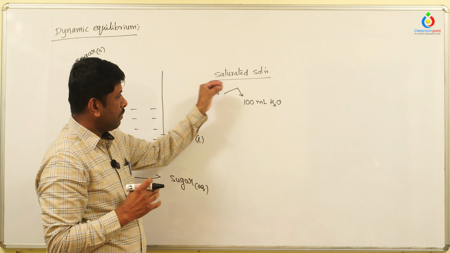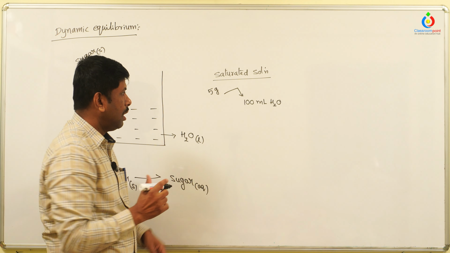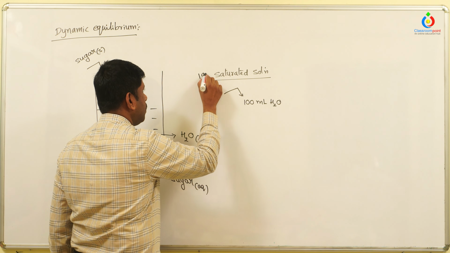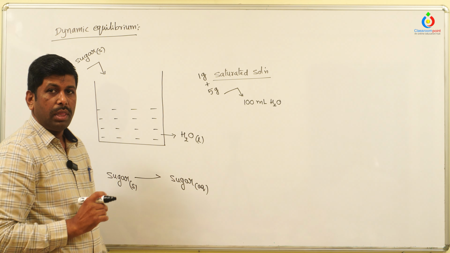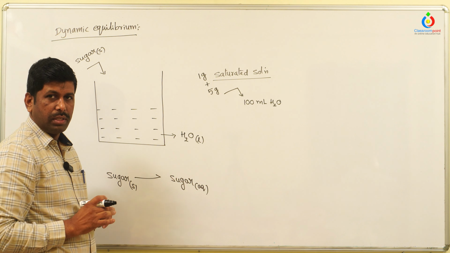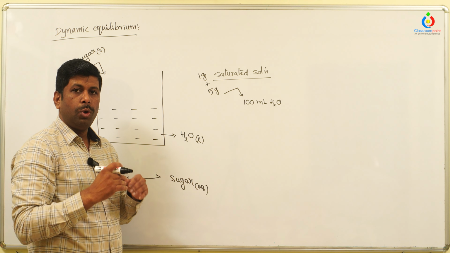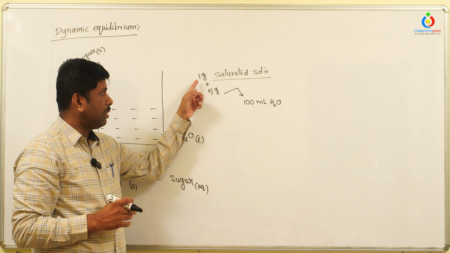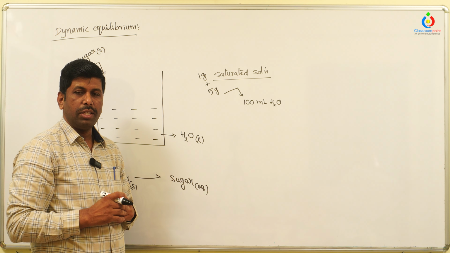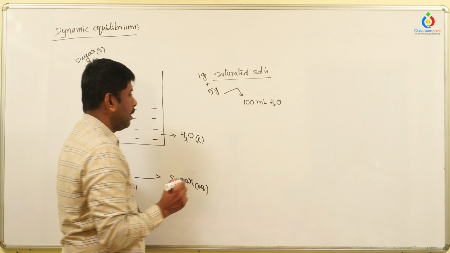So when you add 5 grams of sugar to the 100 ml of water, it completely dissolves. After the 5 grams, if you add any extra sugar, that will not dissolve, that will be precipitated at the bottom of the flask. Such solutions where no more extra solute can be dissolved are called saturated solutions.